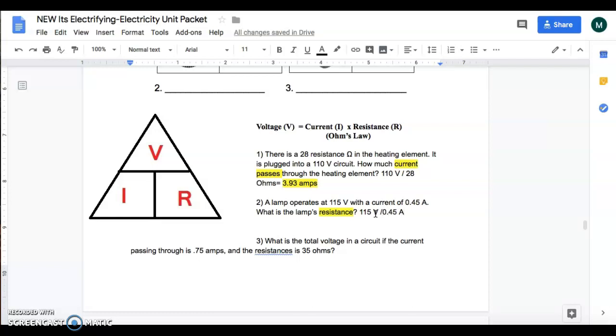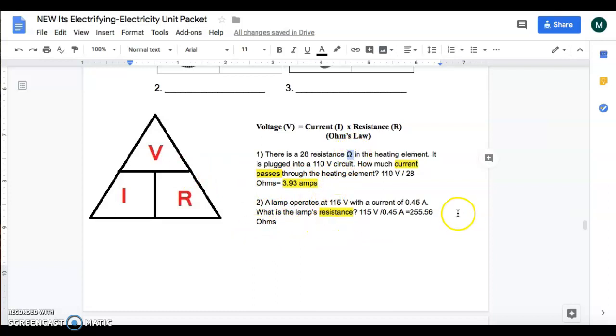If we do this math here, it'd be 115 divided by 0.45. You should get approximately 255.56. And because this is resistance, ohms. Instead of ohms, you could also write the omega symbol as well. So you can kind of see it all together.